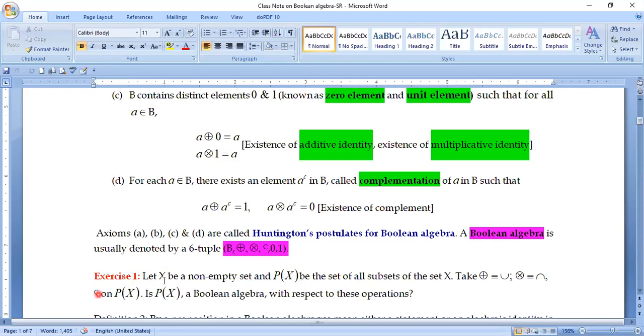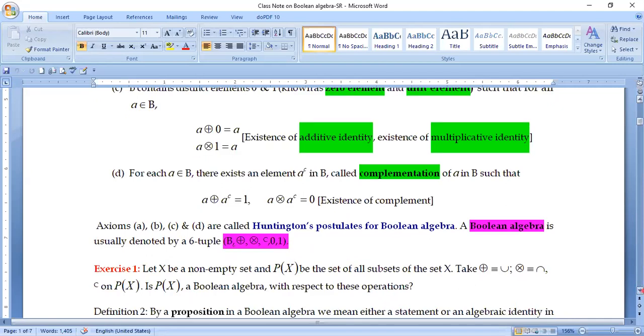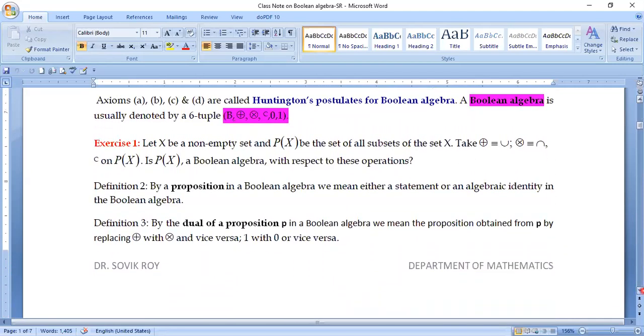We did this particular problem, exercise 1, and as I promised you in my last class, the duality principle that I didn't write in my earlier version of the notes, I have introduced over here. But before I introduce the duality principle, I gave the definition of a proposition. And what do you mean by a dual proposition?